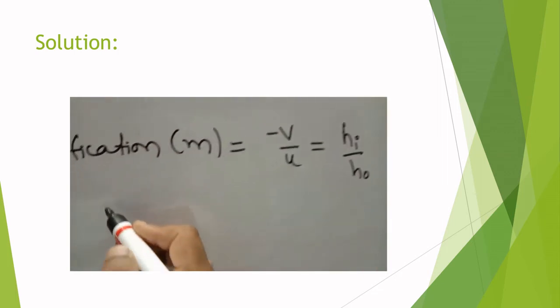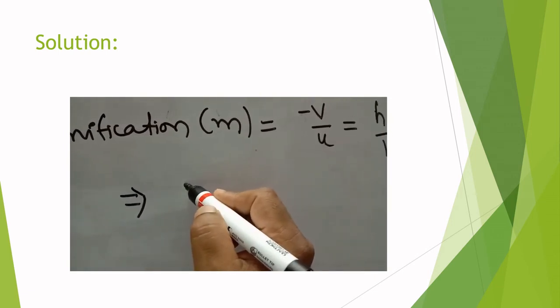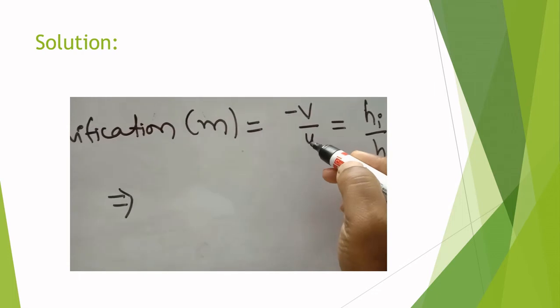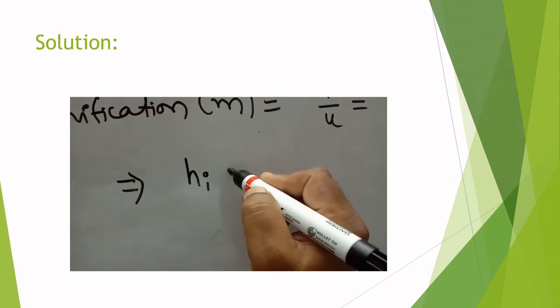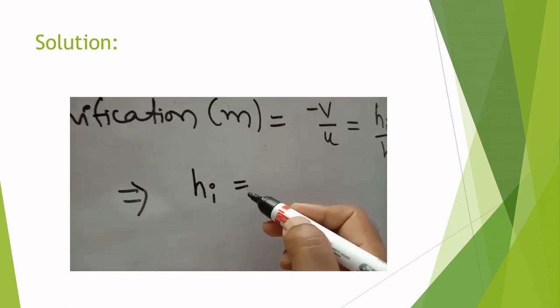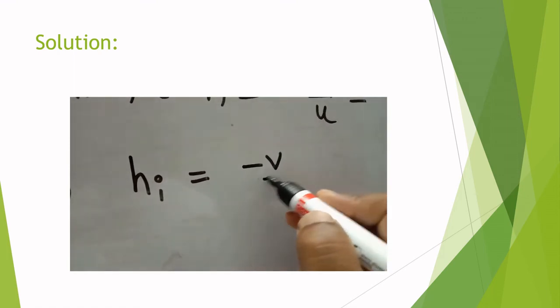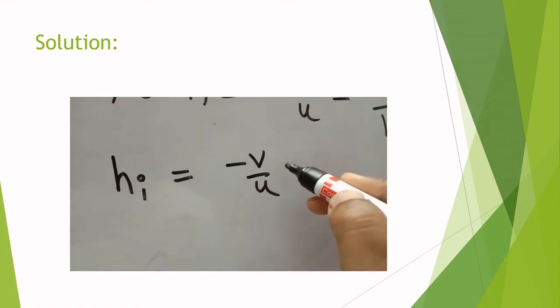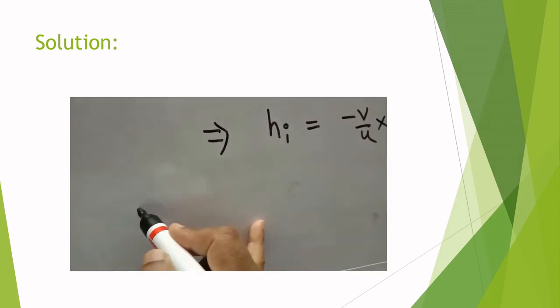Here we find the image height, so we separate hi. So hi is equal to minus v by u into ho. Substitute the values.